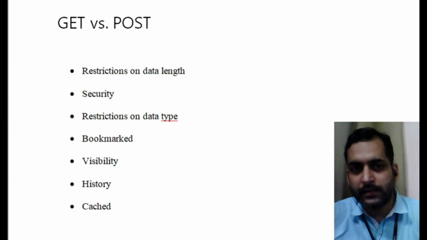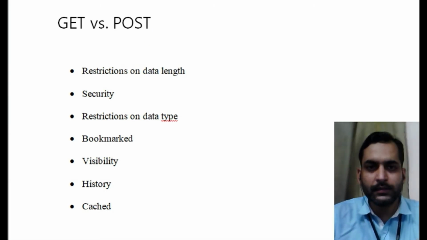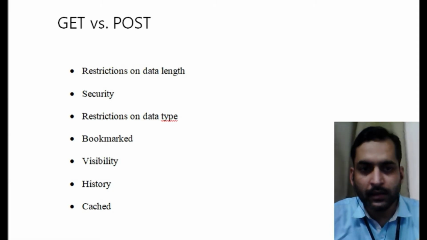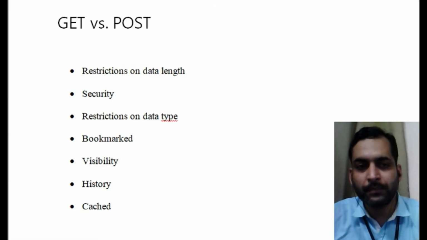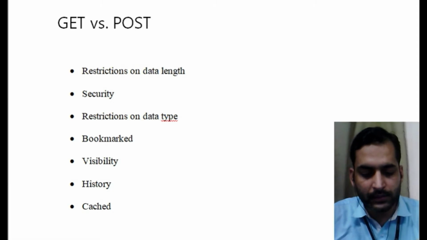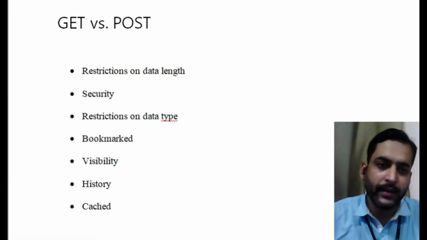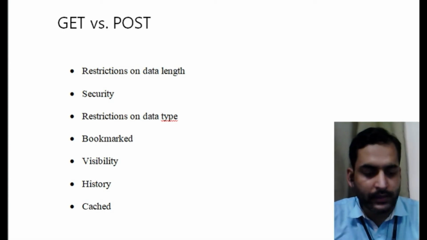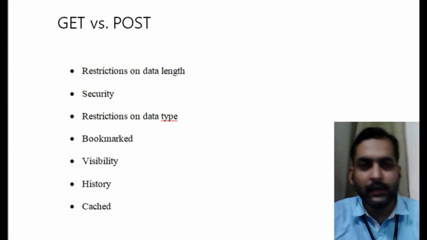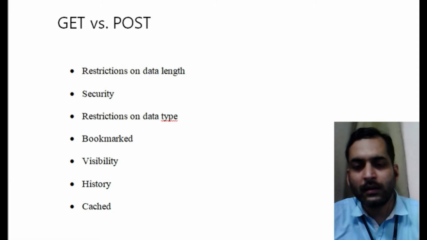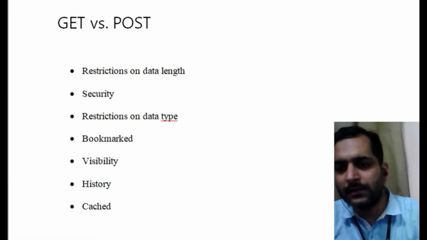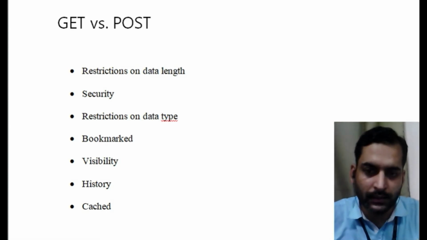Then history, parameters sent to the get method remain in the browser history, while parameters are not saved in browser history in case of post method. The get request can be cached, while the post request is not cached. So these are some of the differences between get and post method.